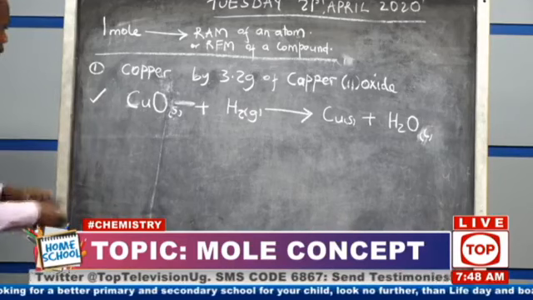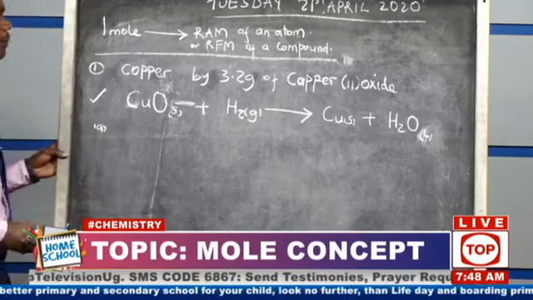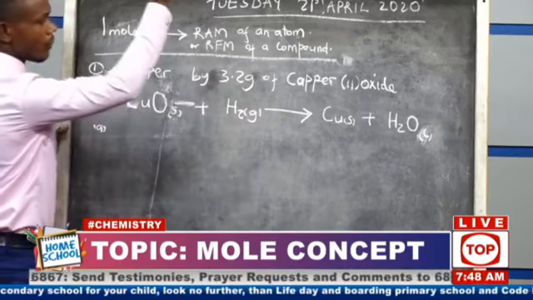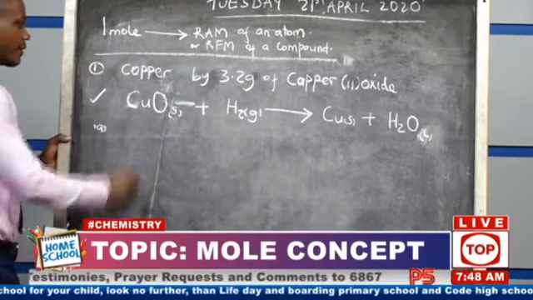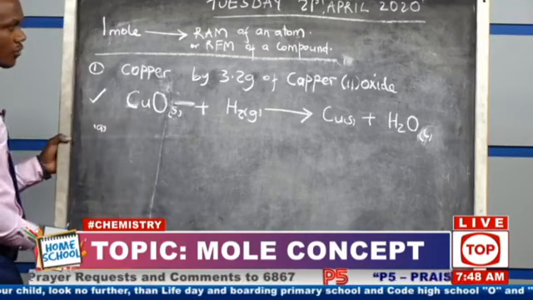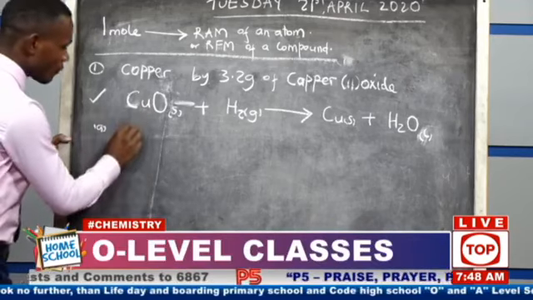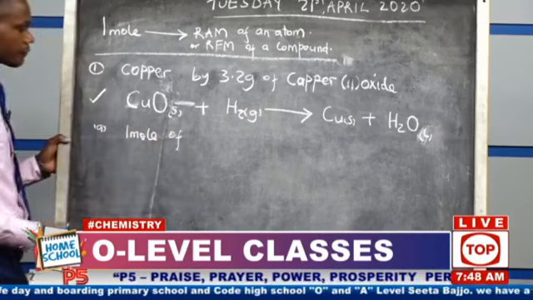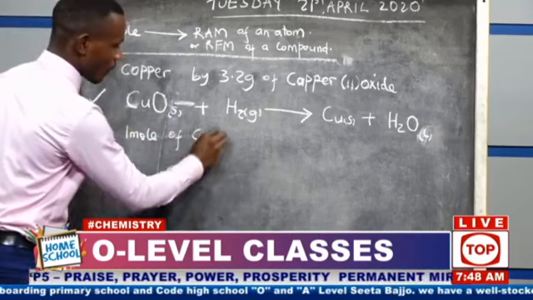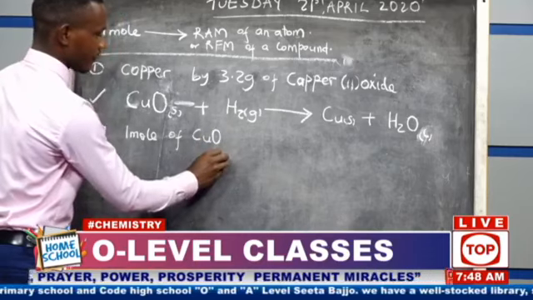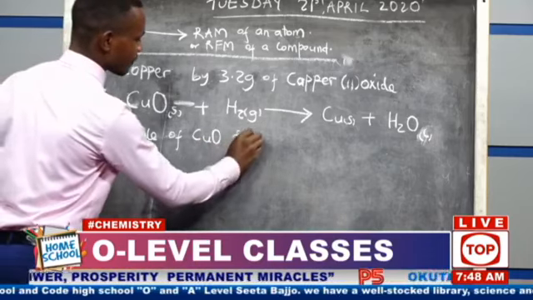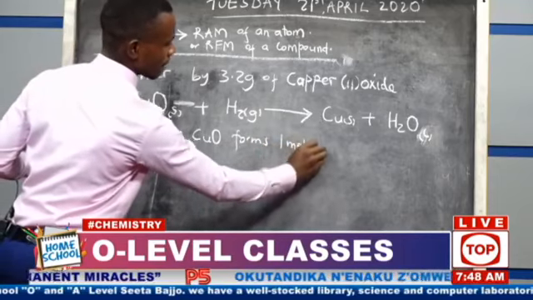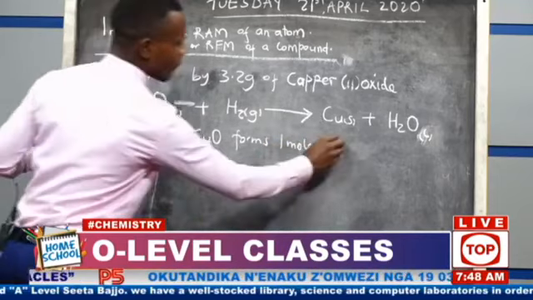The first part A, which is copper: they have said there are 3.2 grams of copper 2 oxide, that means this one has been given. Then you say 1 mole of copper 2 oxide forms how many moles? 1 mole of copper.